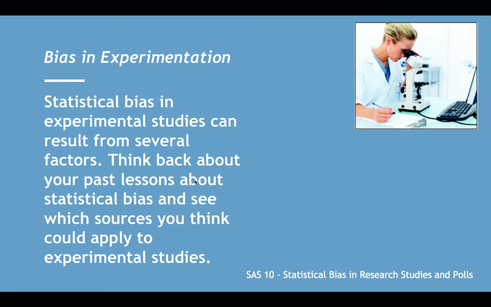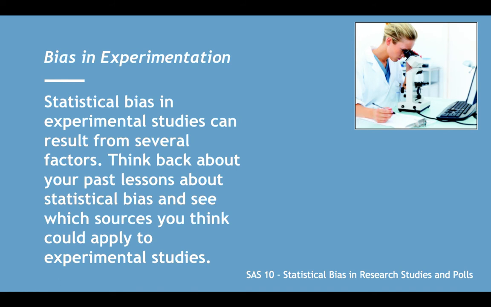Bias in experimentation. Statistical bias in experimental studies can result from several factors. Now let's think back about the past lessons about statistical bias and see which sources you think could apply to experimental studies. We talked about how the researcher could have a foregone conclusion.